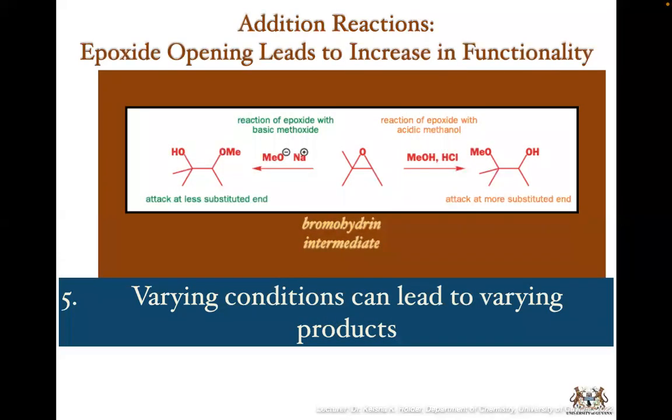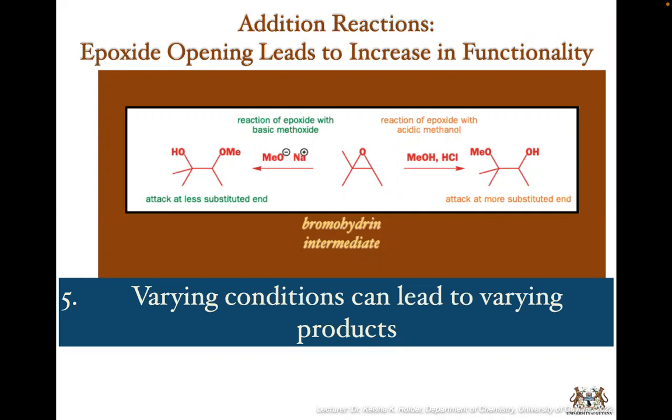So we are able to access varying functionality depending on the reagents that we use. And so in this case, you are able to see that epoxides can actually serve as a template, or I should say a launching pad, for other molecules to be formed from, right?